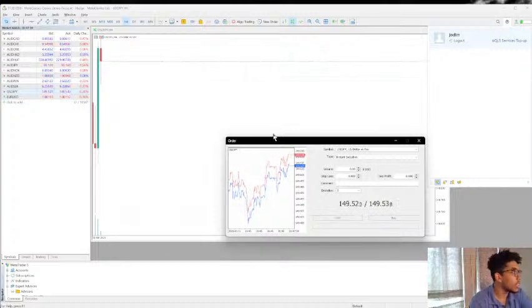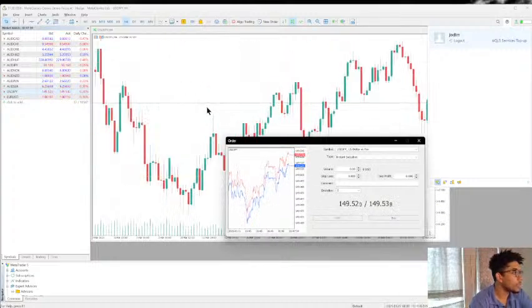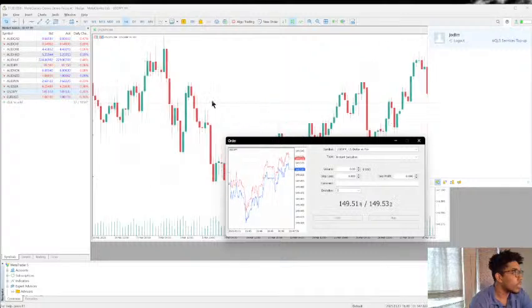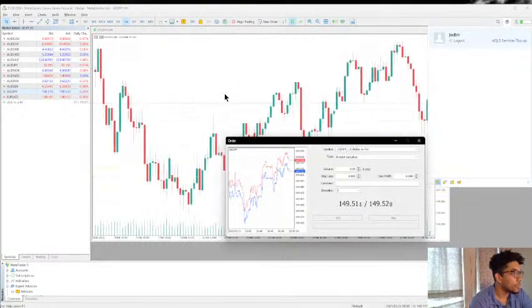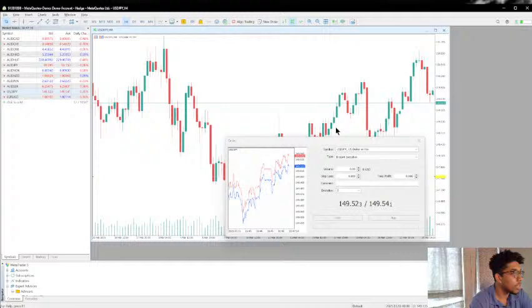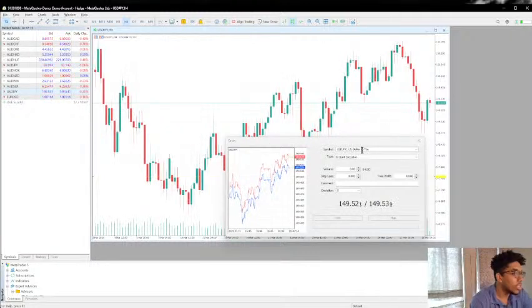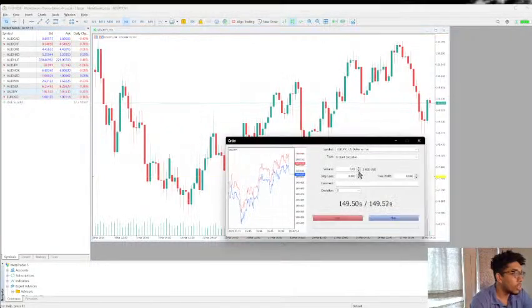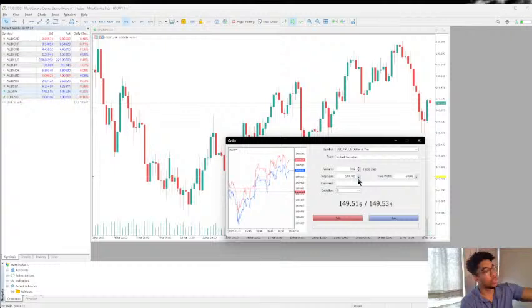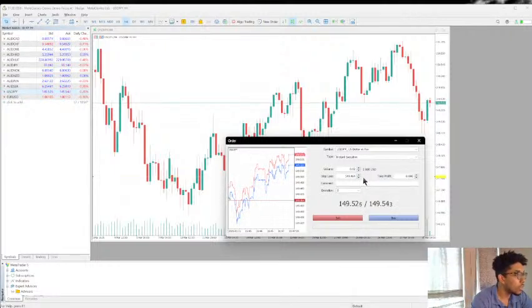I think it's going to come down because it is a ranging market. I think it's going to come down. So say we put 2,000 bucks in our stop loss, and what's really cool is you can see where you're setting your stop loss.